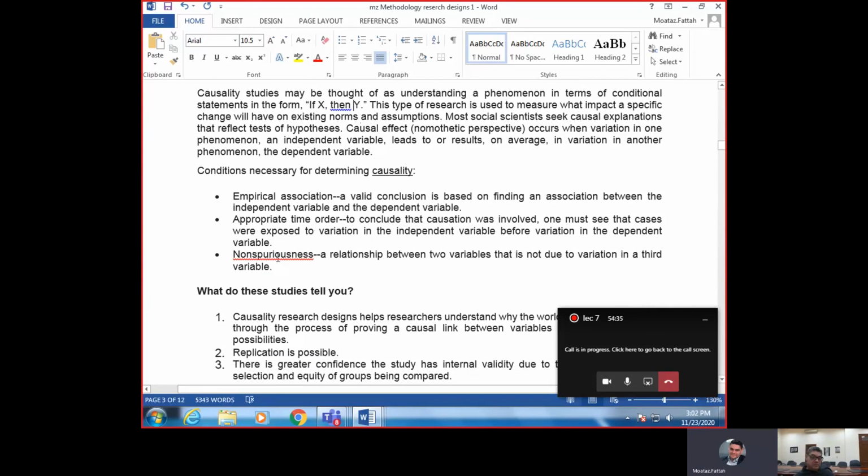Non-spuriousness. What do you mean by non-spuriousness? A relationship between two variables that is not due to variation in a third variable. You cannot tell me that when birds go out in the sky, people buy ice cream more.